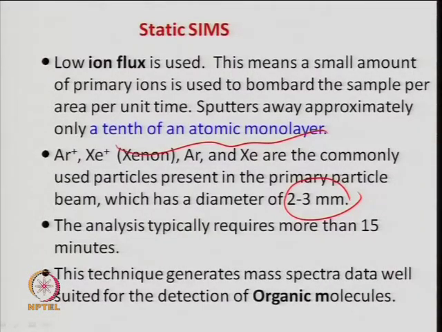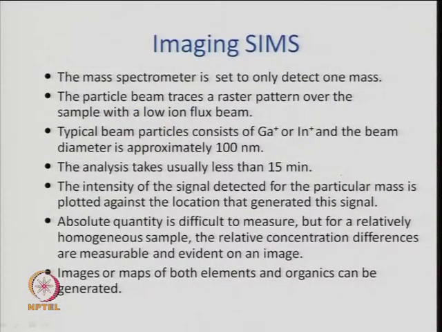So, not too much time is taken here, and the technique generates mass spectra data well suited for detection of organic molecules, right. So, this is just the information I am providing on what methods can be used for characterization of a surface, right. I am not going into in-depth analysis of these methods, or into the chemistry or physics of the atoms or the instrument.